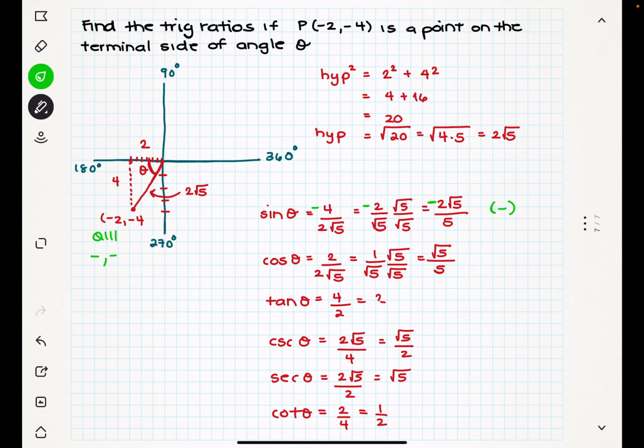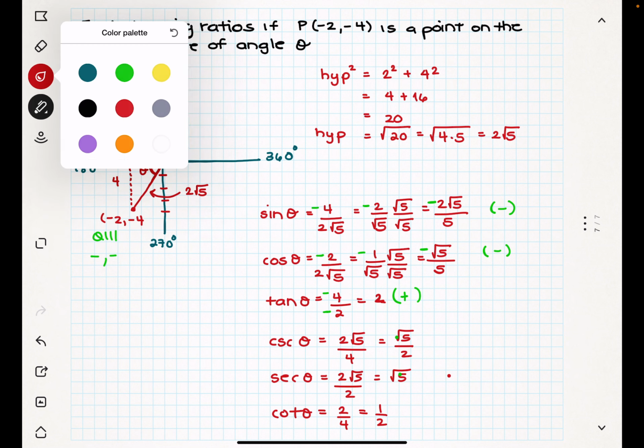And then I'm going to have a negative x. So here's my negative x, so this is also going to be negative. And for the tangent, I'm going to have negative over negative, which gives me a positive function. I erase the 2, a positive function.